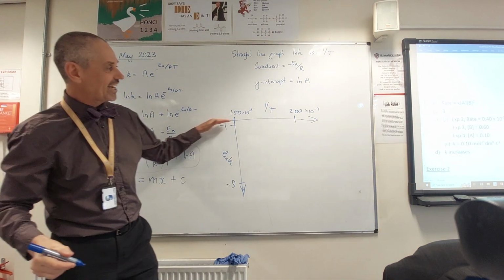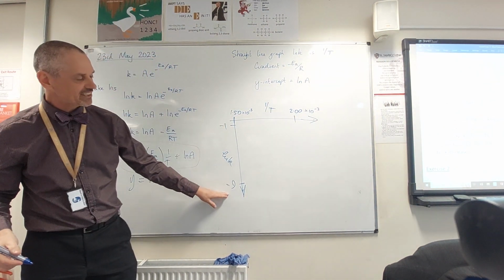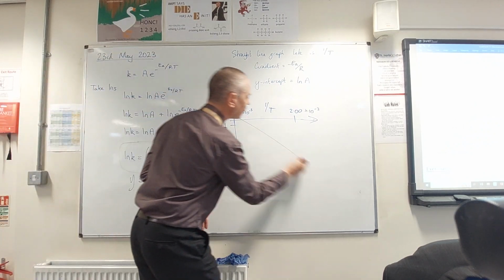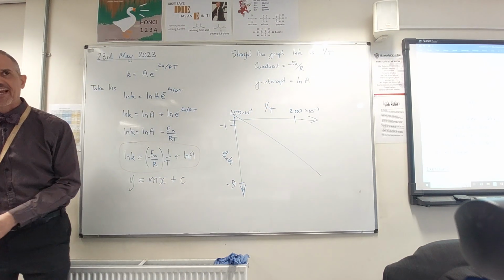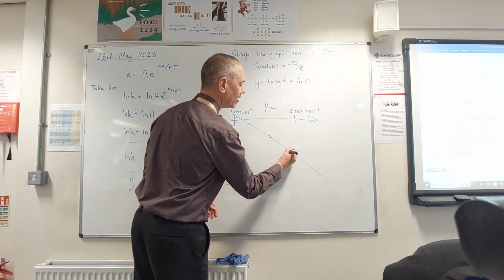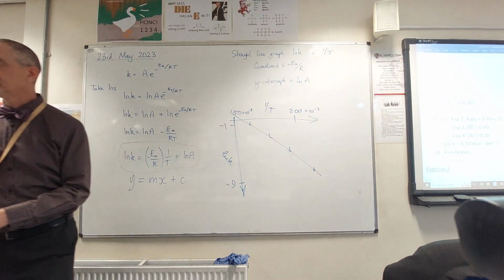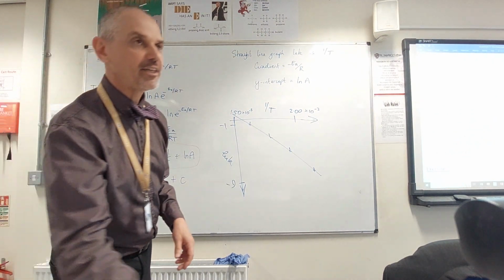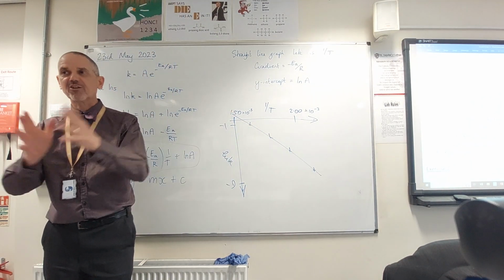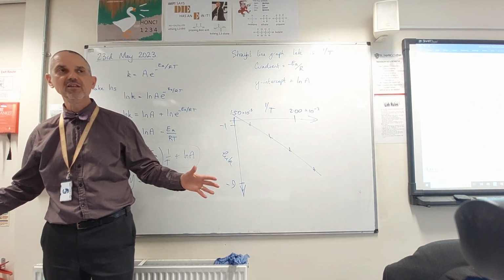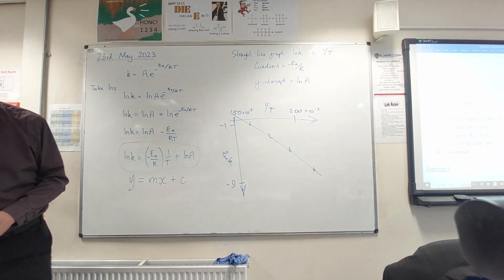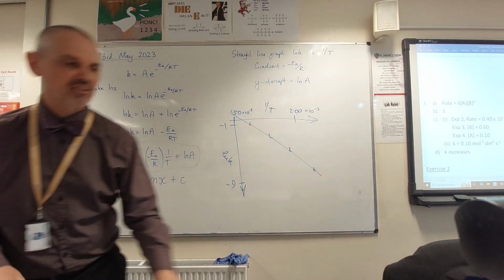So the 1 over T axis will be at the top, the log k axis will be going down. Your graph will then look something like that. And you want to stretch the 4 points. Oh no, we're out of time. You want to stretch those 4 points across as much paper as possible, so when we find the gradient, it's as precise as possible.